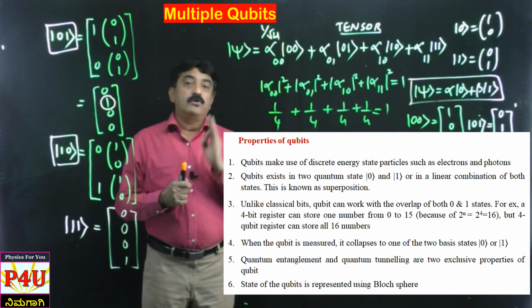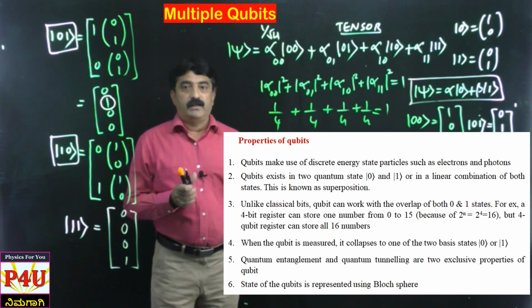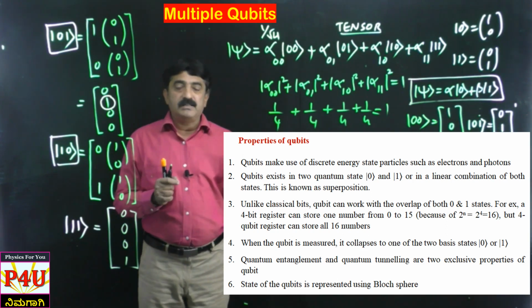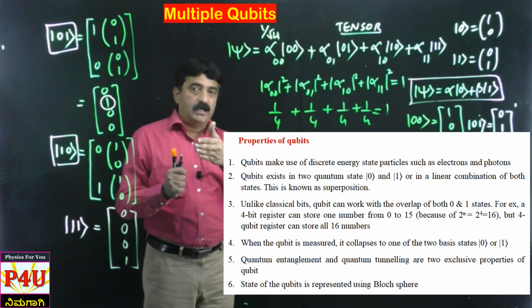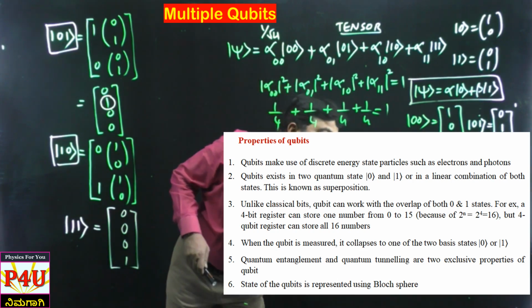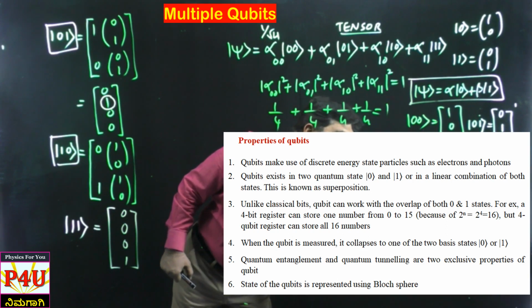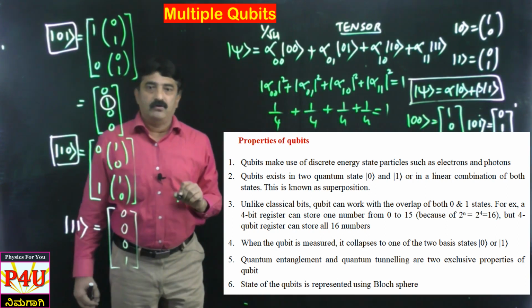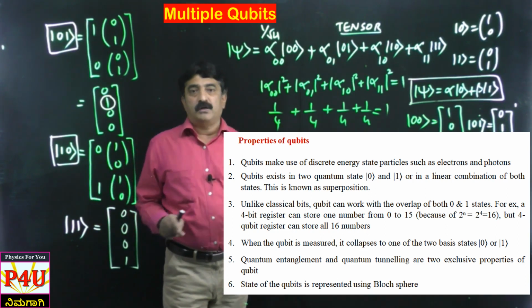That means 0 to n minus 1, including 0. N terms means 0 to n minus 1. Like if you have 2 to the power of 4, that is nothing but 16. That means 1 to 16 or 0 to 15, everything we can have. So all possible combinations, all outputs are possible.